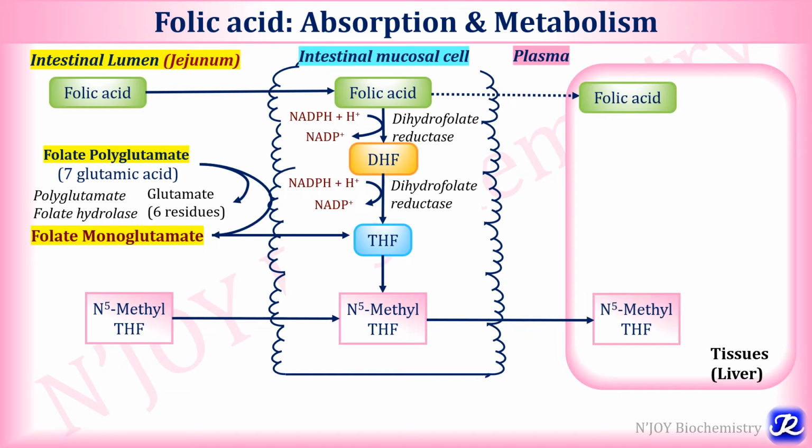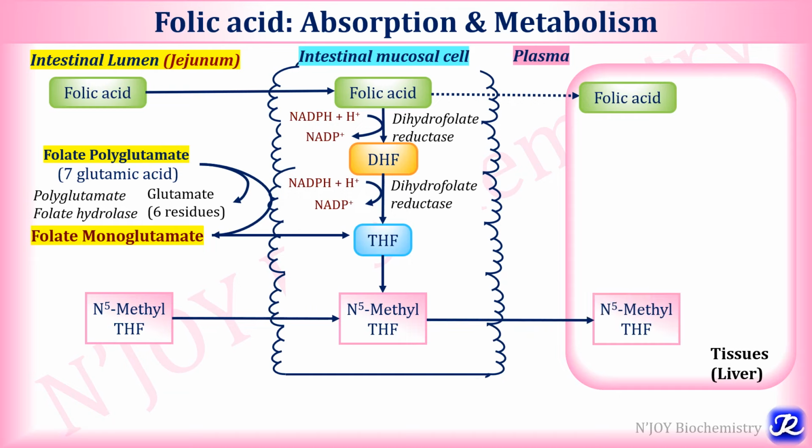Now how does this methyl group get incorporated in the homocysteine so that methionine is formed, let's see. This reaction requires cobalamin as well as N5-methyl tetrahydrofolate. Here the methyl group from this N5-methyl tetrahydrofolate is donated to vitamin B12, that is cobalamin, and there is formation of methyl cobalamin and the tetrahydrofolate is released.